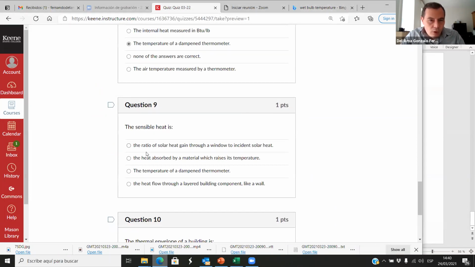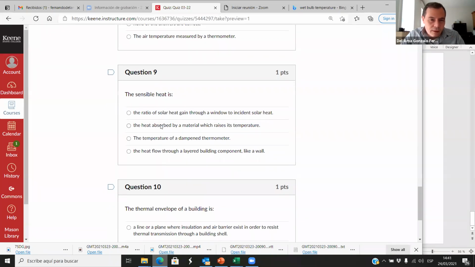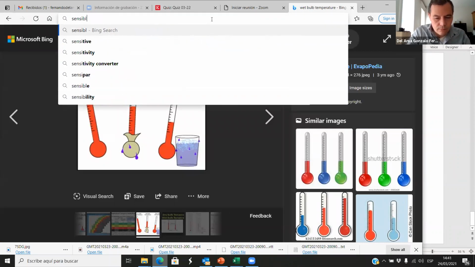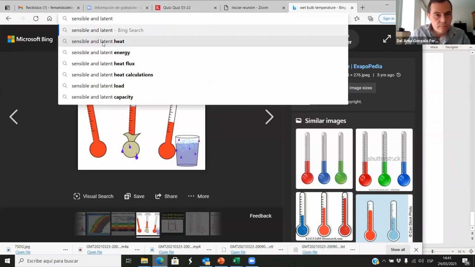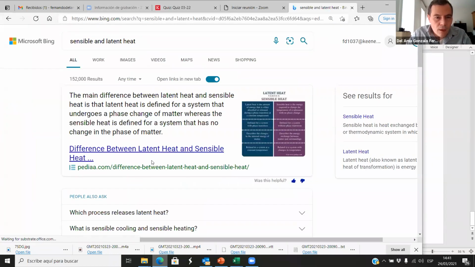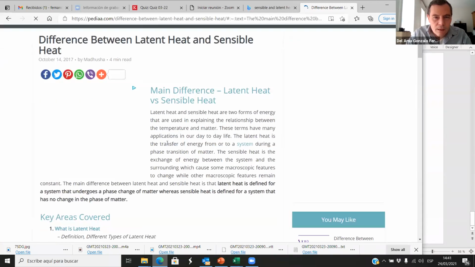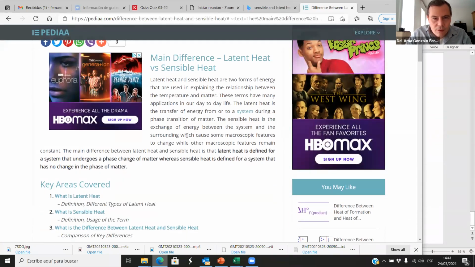The sensible heat is the ratio of solar heat gain through a window to incident. The sensible heat, okay, you know that we have sensible and latent heat. Well, this is too complicated.